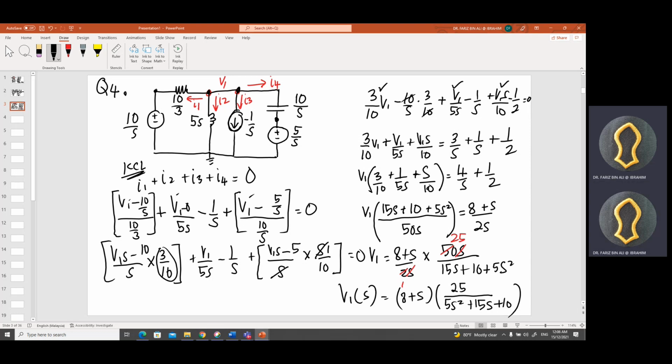But we want to know what is V1 in time domain. So your challenge is now to convert this 8 plus S times with 25 over 5S squared plus 15S plus 10 to, correct?